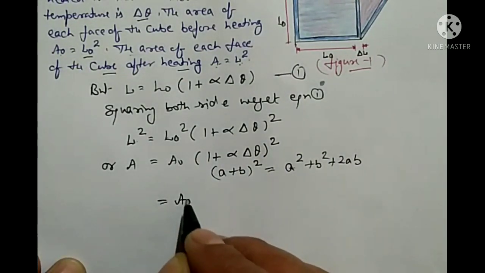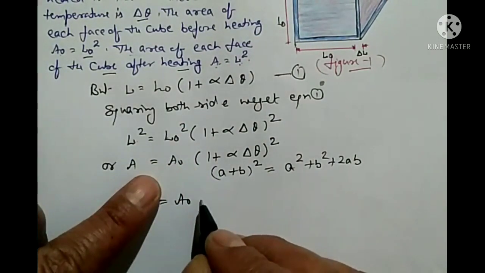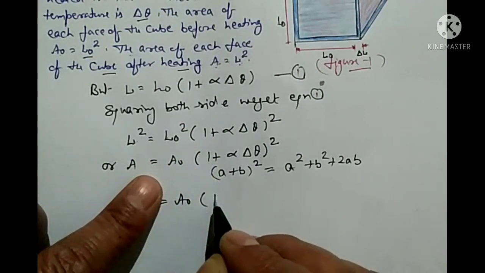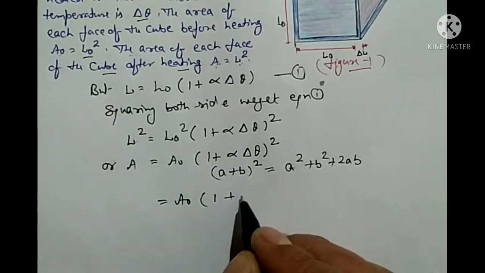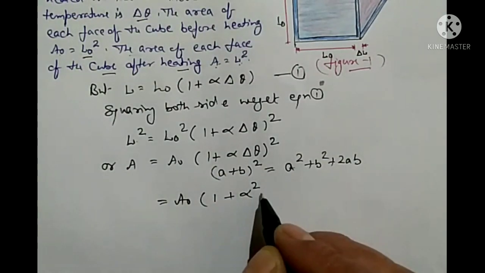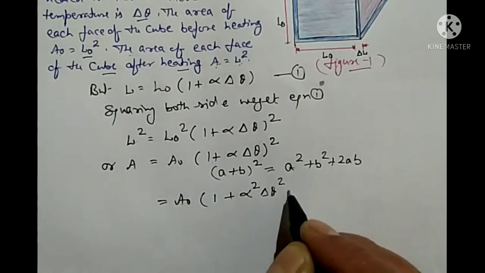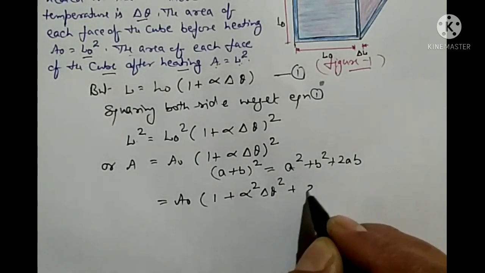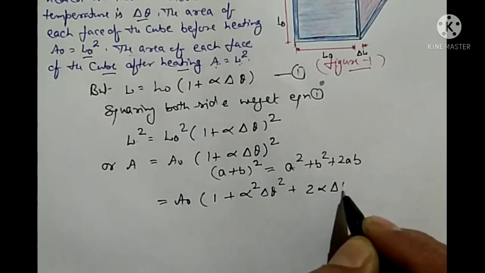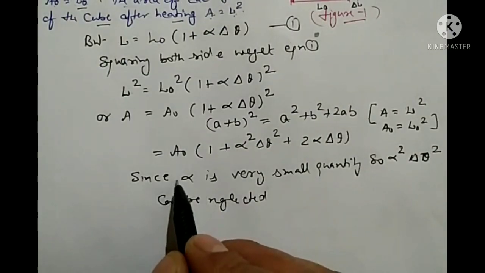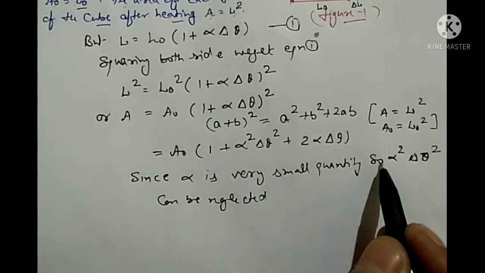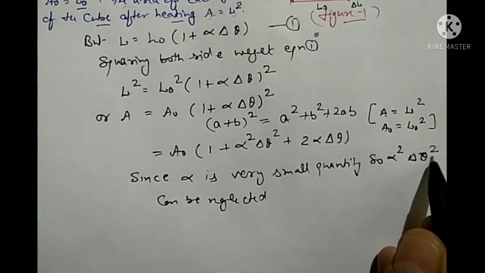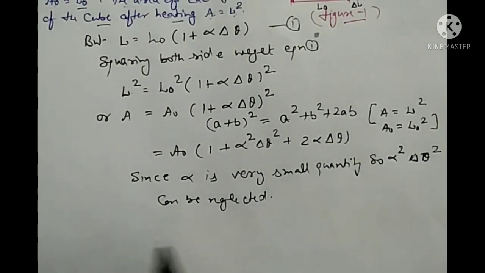This is equal to A naught into (1 square plus alpha square del theta square plus 2 alpha del theta). Since alpha is a very small quantity, alpha square del theta square can be neglected.